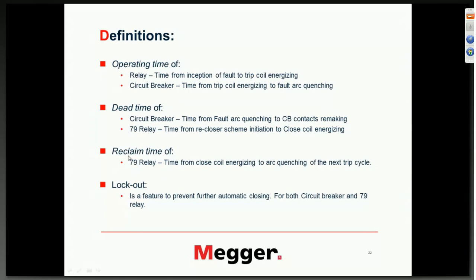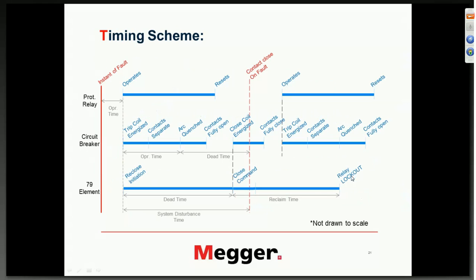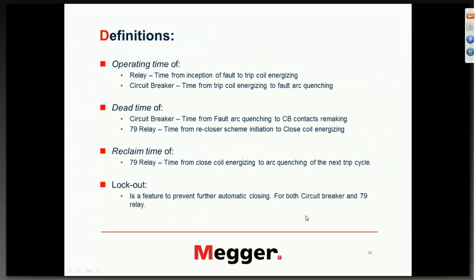So the reclaim time of the 79 element is the time from close coil energizing to arc quenching on the next trip cycle. Reclaim time of the 79 element is from the close command being issued by the 79 element to the complete lockout or the next cycle.